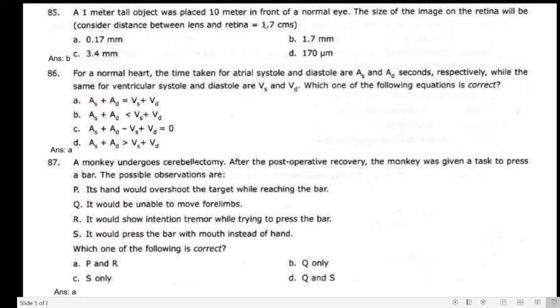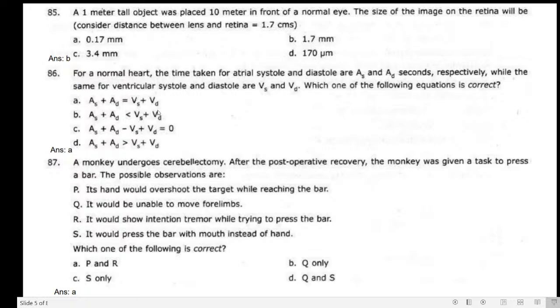Since they mention centimeters, we want to divide by 10, which converts this statement into 1.7 mm. Whenever they mention the distance, they mention the normal eye, so the distance is calculated between the retina and the lens. So the correct answer is 1.7 mm.